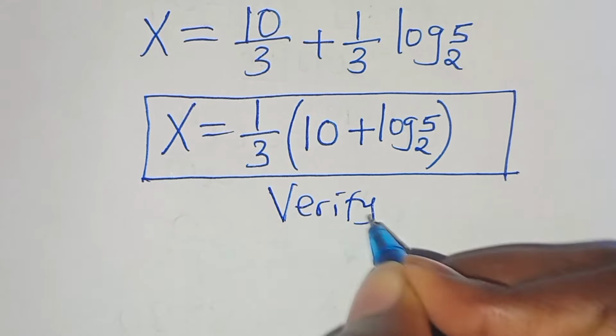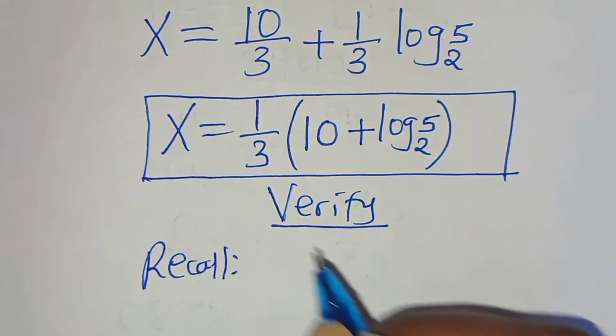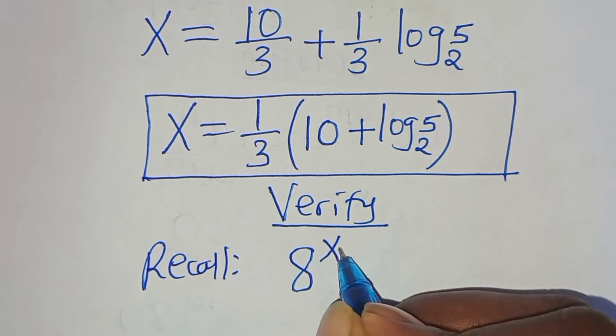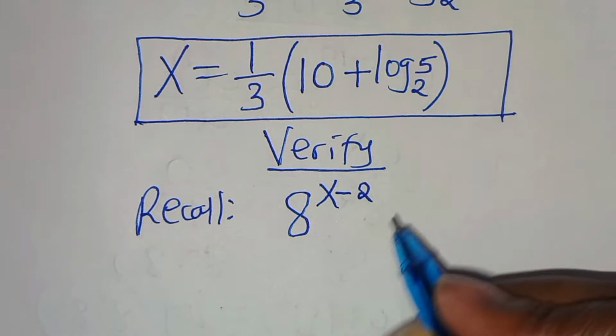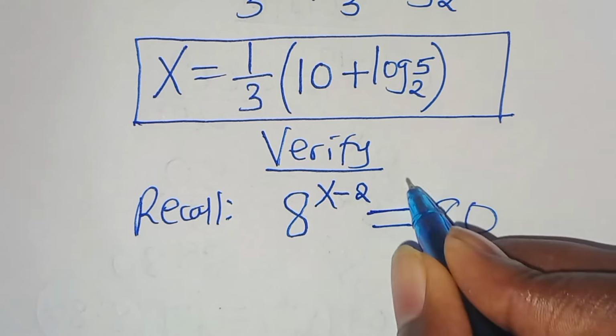Let's verify. Now, if you recall, we have that 8 to the power of x minus 2 is supposed to give us a value of 80.